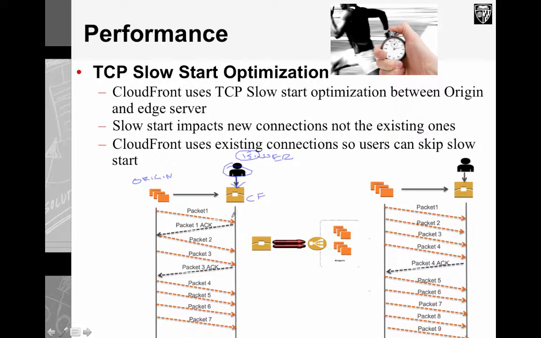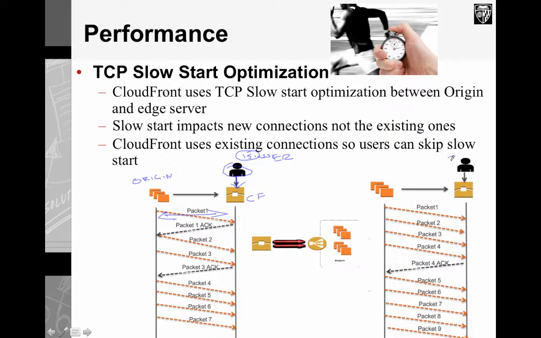So the edge server is going to go through the three-way handshake in order to get the content and then serve back the end user. But by this time, the origin and CloudFront have established a connection. And they've already gone through 1, 2, 4, 8, 16 packets being sent continuously in order to get the content back to the first user.